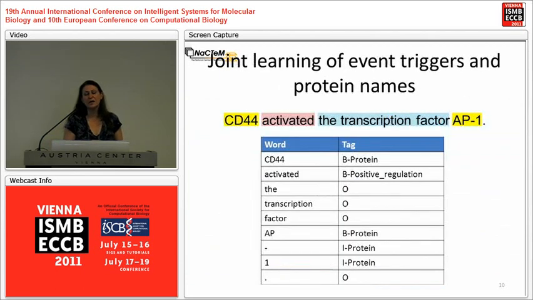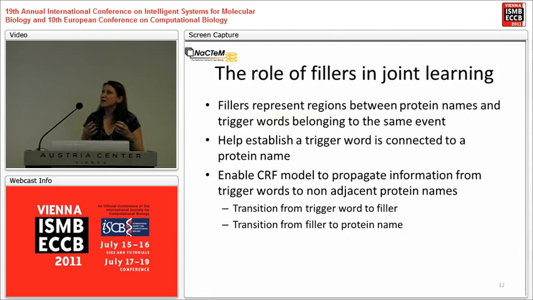So in this case, you will see the CRF, we introduced 3 tags, the B for protein, and an I for protein, and positive regulation. But in addition, we used fillers. And we show by this approach, by using the filler, as I'll explain later on here, represents actually regions between the protein names and the trigger words, which belong to the same event.